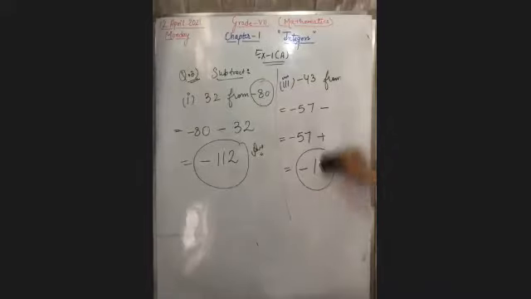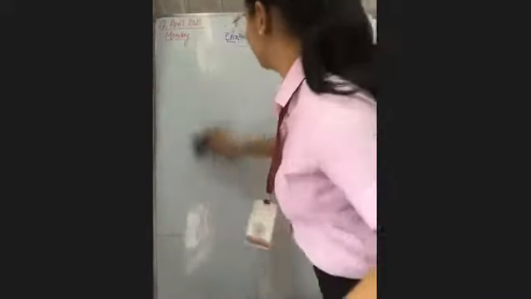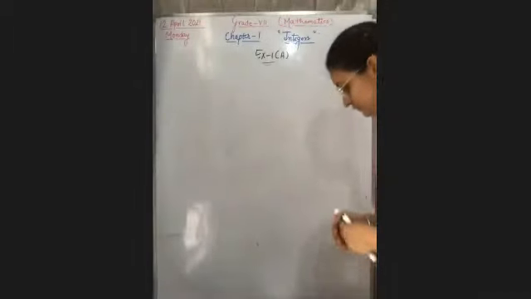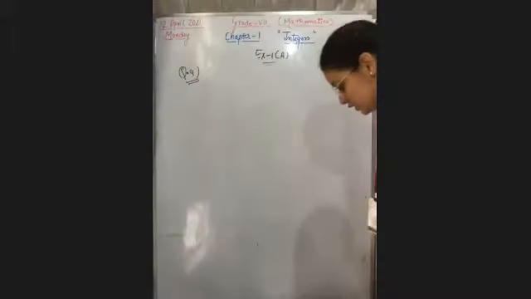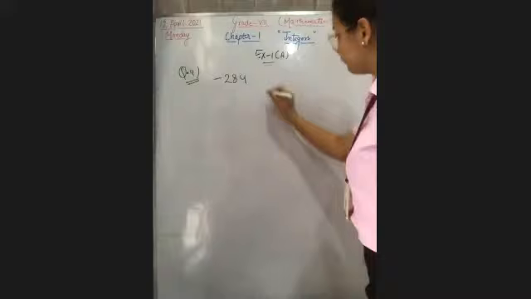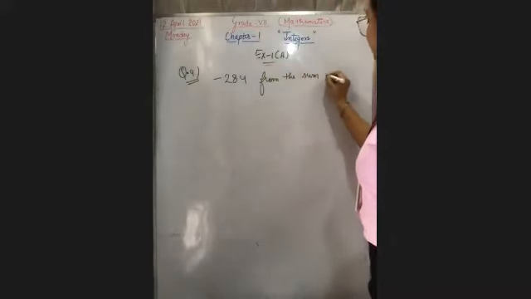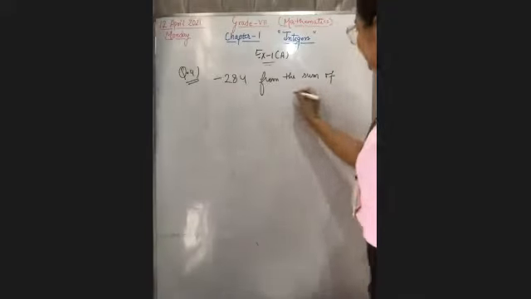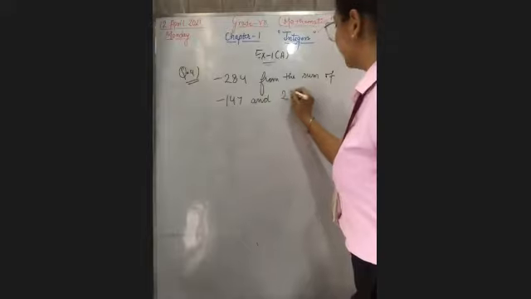Now, fourth question. In the fourth question also, some were making mistakes. That's why I'm doing this fourth question again. You have to subtract minus 284 from the sum of minus 147 and 233.